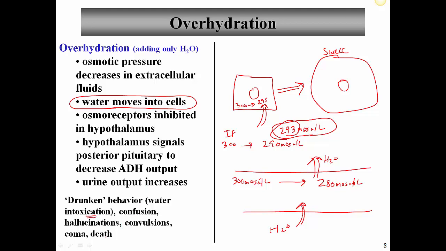It causes confusion, hallucinations, convulsions, coma, and death. It's very similar to alcohol intoxication. The basis of this, however, is that the cells in the brain are starting to swell. When the neurons in the brain swell like this, they don't function as they normally should. That causes the confusion, the coma, perhaps death if this goes on long enough.